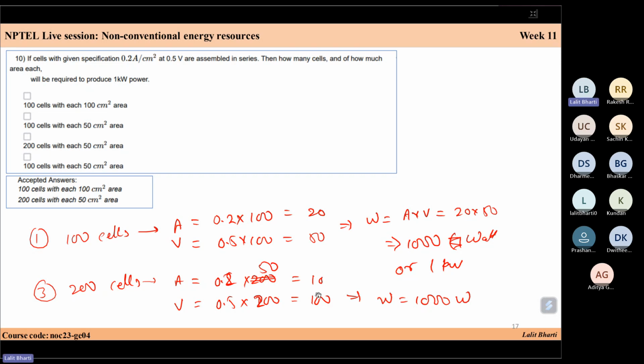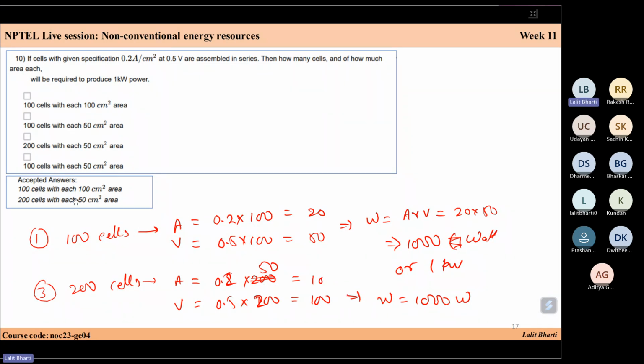Another combination can be that you have 200 cells, in which 50 are in parallel, and all 200 will be in series. So you have 100 volts and 10 amperes.